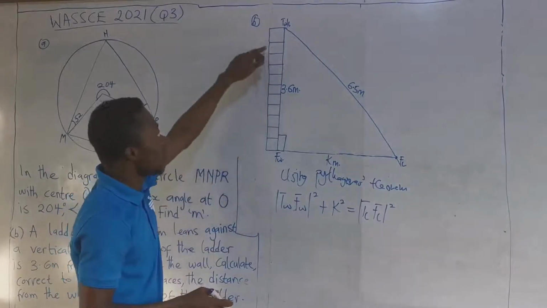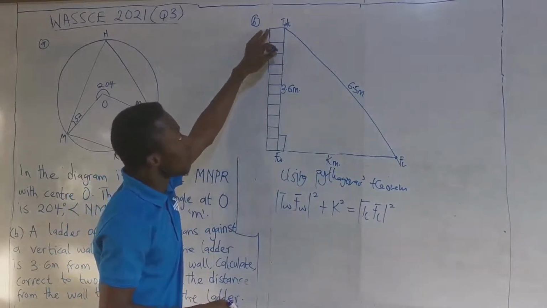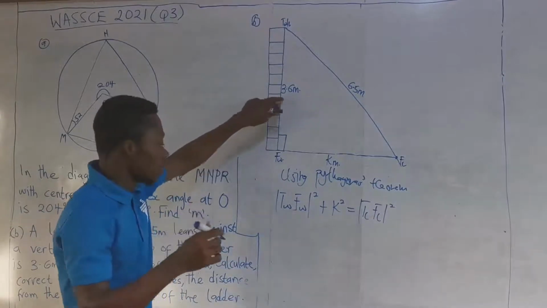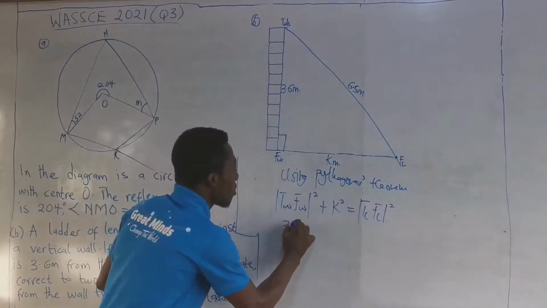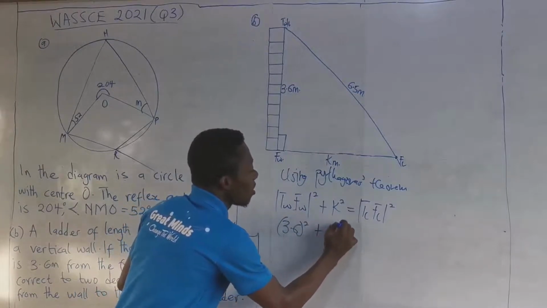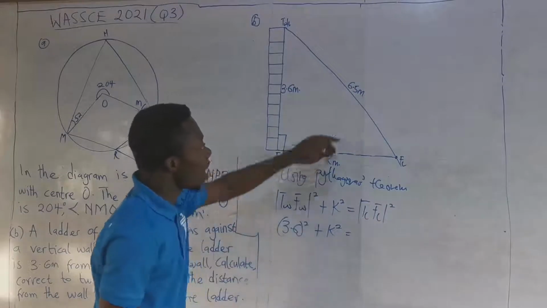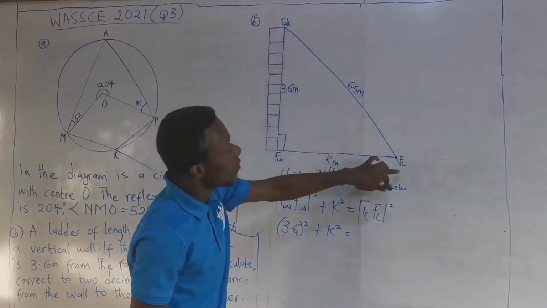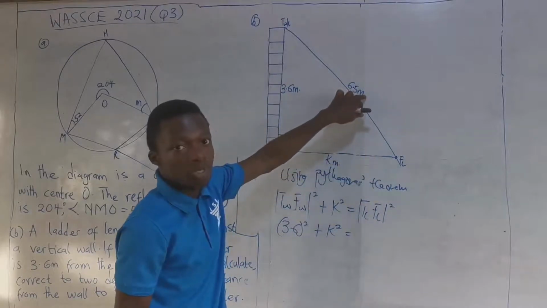So now the distance from the top of the wall to the foot of the wall is 3.6. So here it becomes 3.6 squared plus k squared. We also know that the distance from the top of the ladder to the foot of the ladder is 6.5 meters.